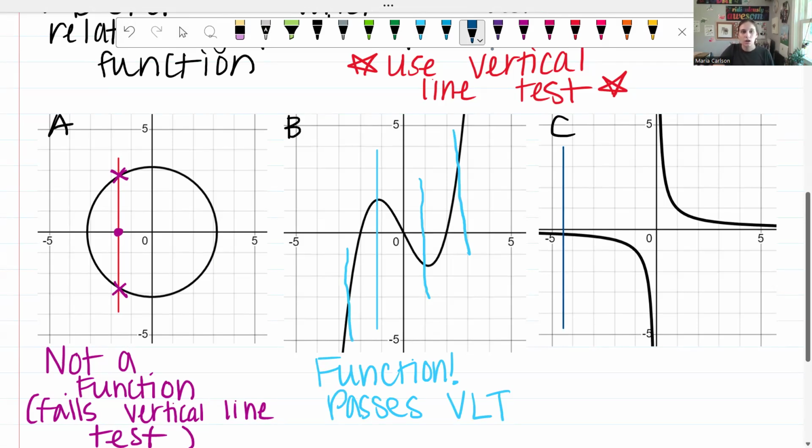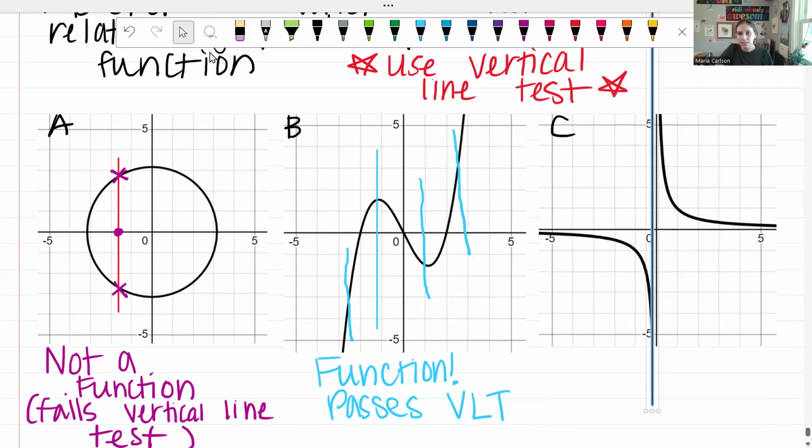All right, last one, relation C. If I draw a straight vertical line and sweep this through this function, no matter where I am, I'm only hitting the graph at one spot. Even at this point right here, we would only be hitting the function at one place or at neither.